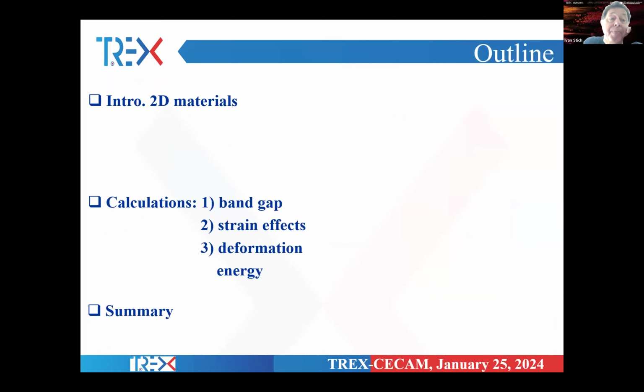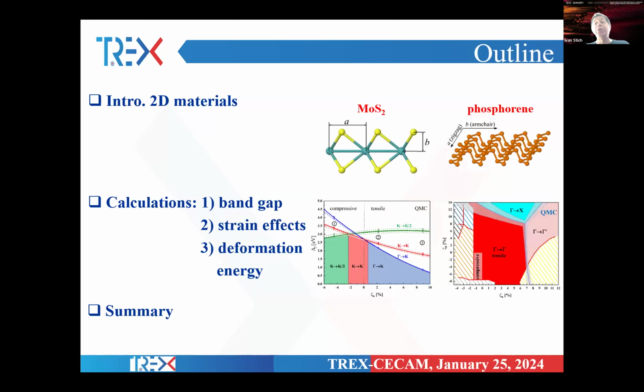Okay, so I will have one slide of introduction into 2D materials, and then I will jump right into the calculations and studies we have done. In particular, I will be discussing two systems, phosphorene and MoS2. MoS2 is what I would call a quintessential straintronic material.